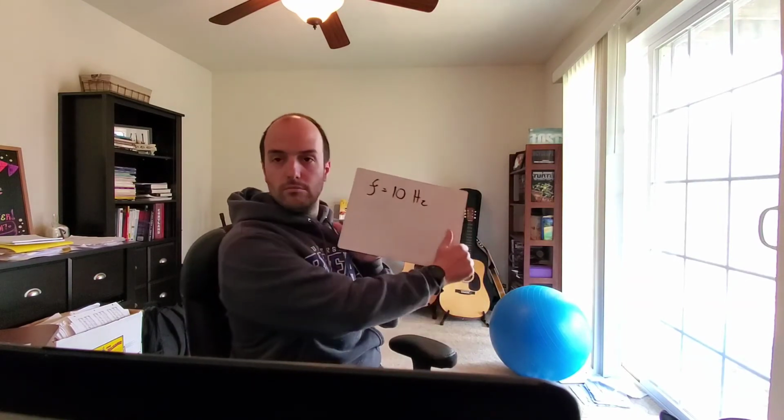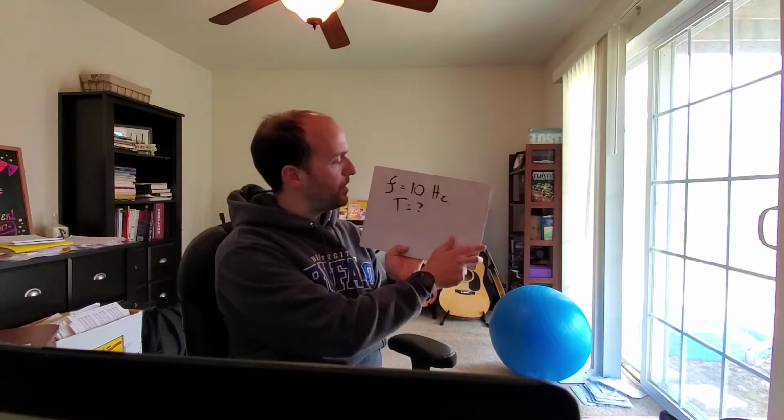All right, so let's do a quick practice on that one. Let's say I have a pendulum, and that pendulum's frequency is 10 hertz. I want to know the period of that pendulum. Well, I just plug it in my calculator.